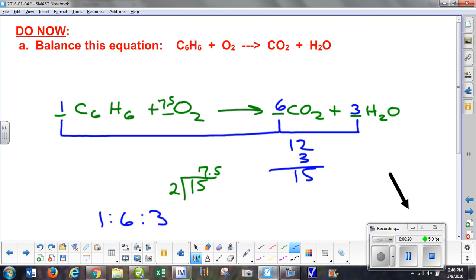Because of that, I was stuck. Without changing this, this, or this independently, I would have to multiply everything by the same number no matter what I do.